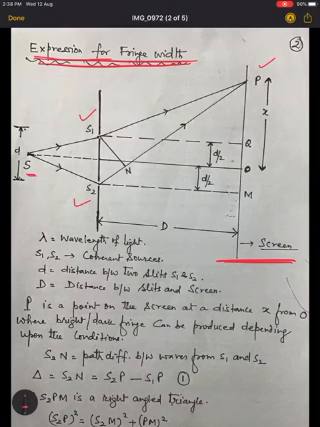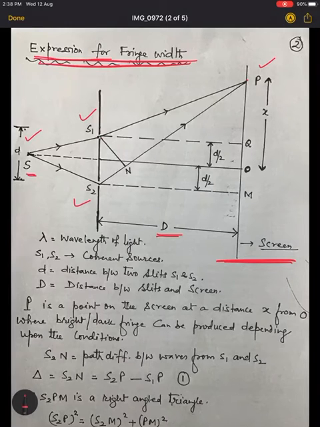If the two waves at point P fulfill the condition for a bright fringe, then at P you will get a bright fringe. If the two waves meeting at point P fulfill the condition of a dark fringe, you will get a dark fringe at point P. Now the distance between the two sources S1 and S2 and the screen is capital D.